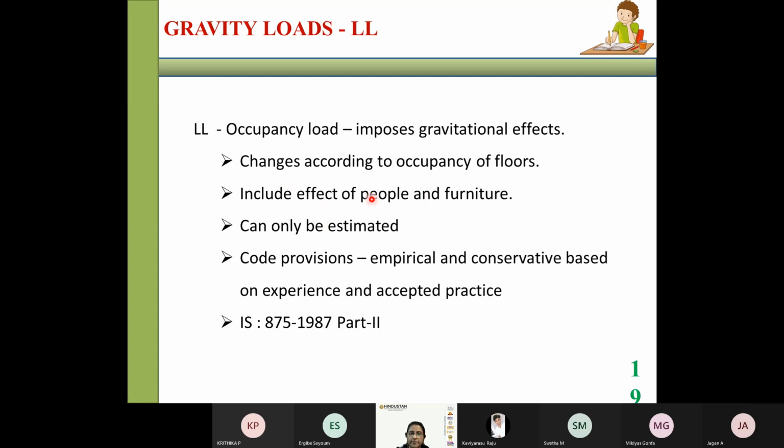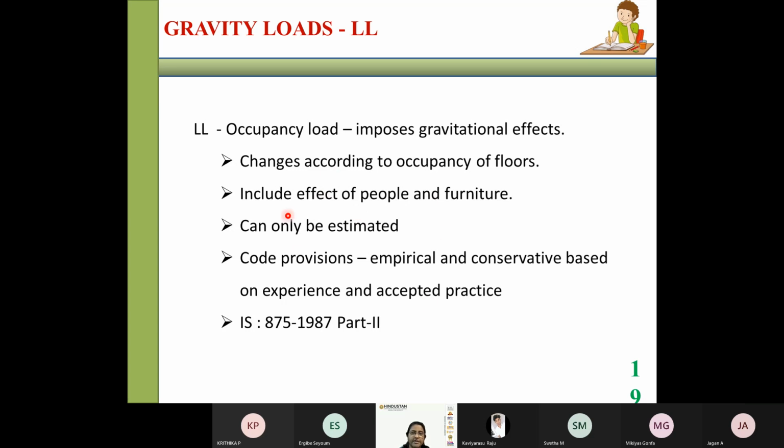Depending upon that occupancy, the live load of that particular floor can be calculated. Suppose between two floors there is a swimming pool or any other purpose; the live load will naturally be different. So you cannot take the same live load from the 100th story to the ground floor.